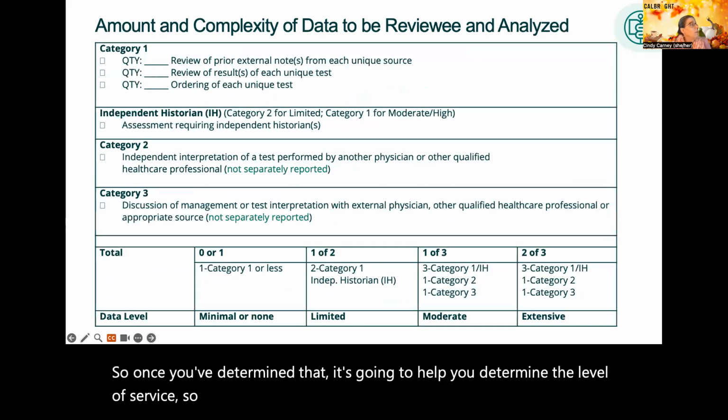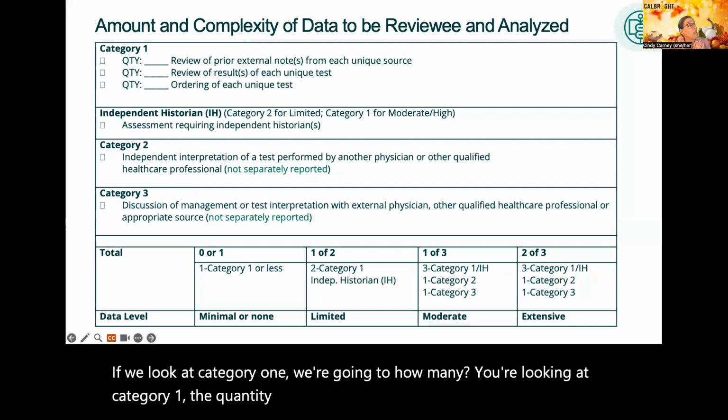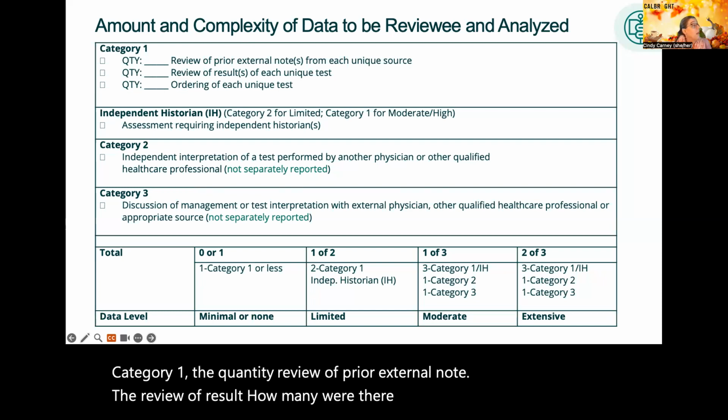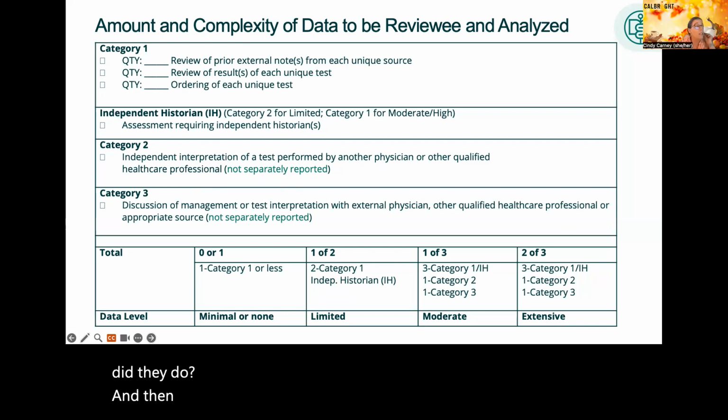So if we look at category 1, you're looking at the quantity review of prior external notes, the review of results, how many were there, and did they order any unique test? If they did any of those, you're going to mark that and how many they did. And then under independent historian, this is category 2 for limited.